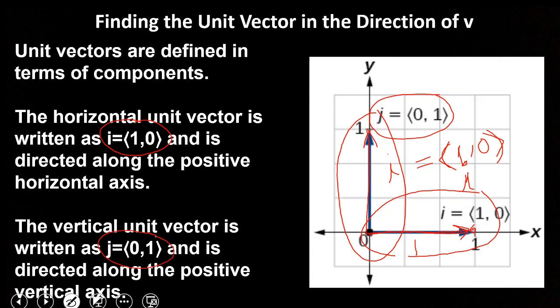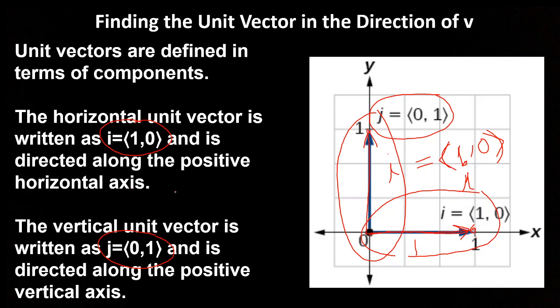Now the good thing is that we can use these two vectors to break every vector in the coordinate plane into two components, certain multiples of i and certain multiples of j. So any vector can be broken down into a bunch of i's plus a bunch of j's.